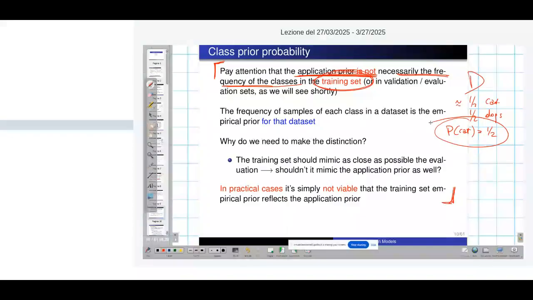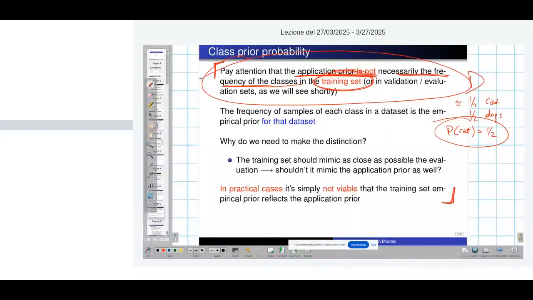So the application prior may differ from the training set prior. It may differ because we want to apply the same classifier to several different problems, and we cannot afford to retrain a specific model for each use case, so we want it to be application independent.